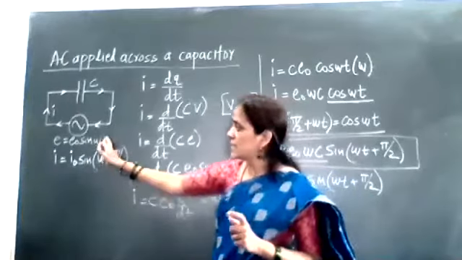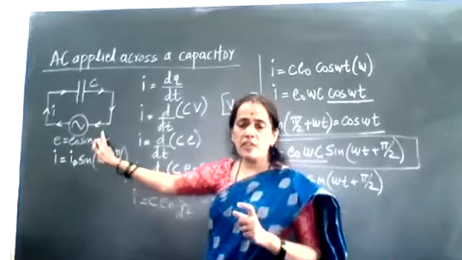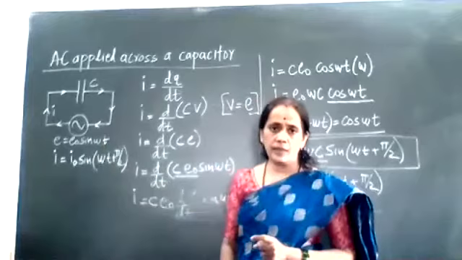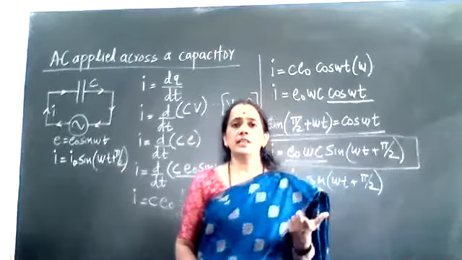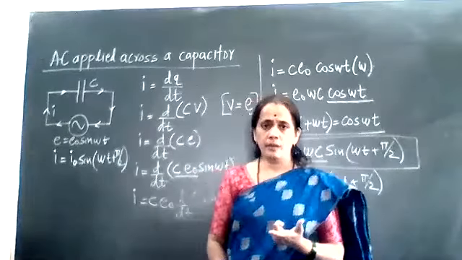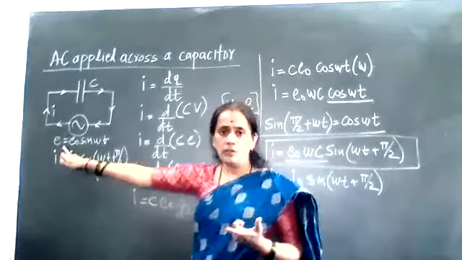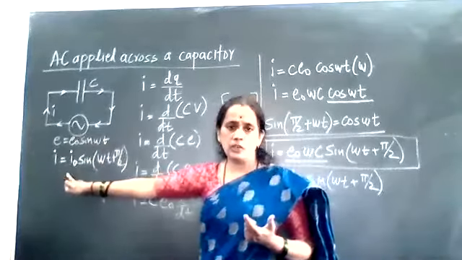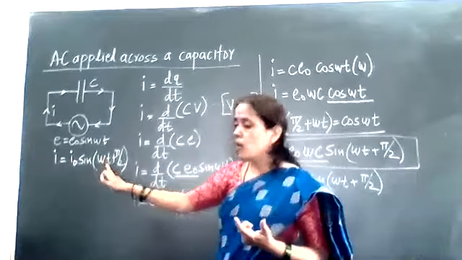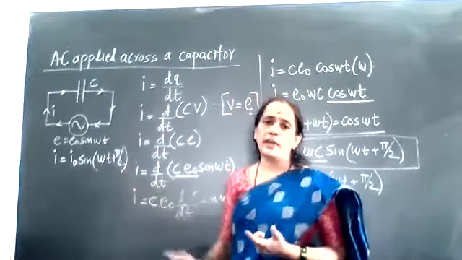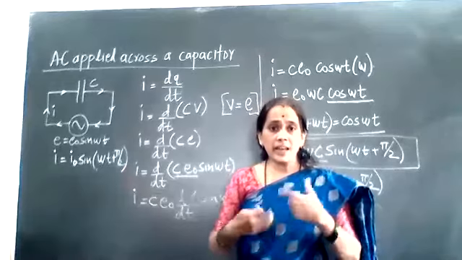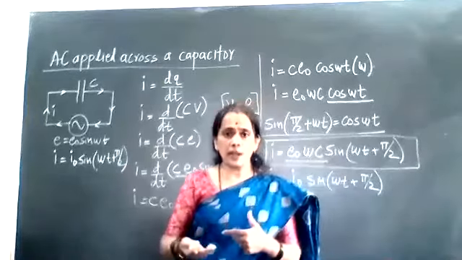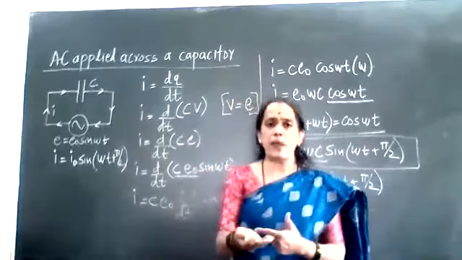Means there is a difference between the EMF equation and the current equation, and that difference is in the phase angle. In the EMF equation, phase angle is omega t, and in the current equation, your phase angle is omega t plus pi by 2.